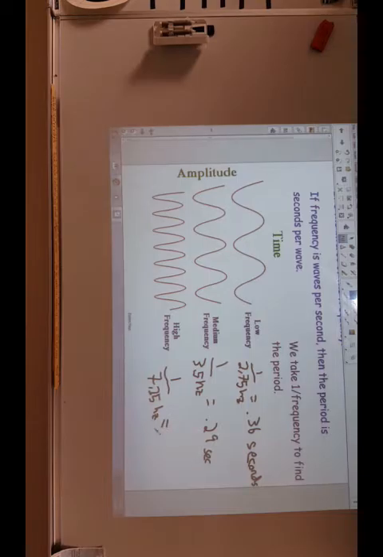If we plug that in, 1 divided by 7.25, we're going to get 0.137. Oh, it's a 4. So 0.14 seconds per wave. So it takes 0.14 seconds for that to occur.